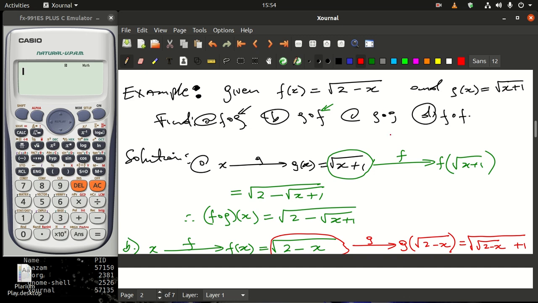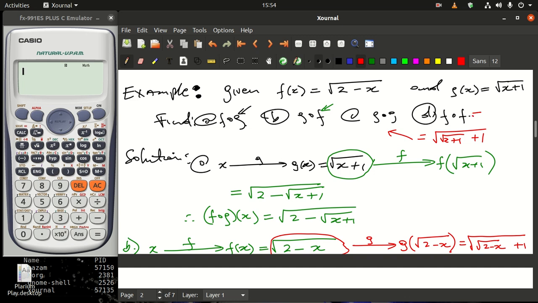Now when it comes to this part here, I'm going to take this as it is, and this is going to be equal to the square root, but in the value of x I'm going to plug in g of x. So I'm going to have the square root of x plus 1, but in the value of 1 I'm still going to have that.